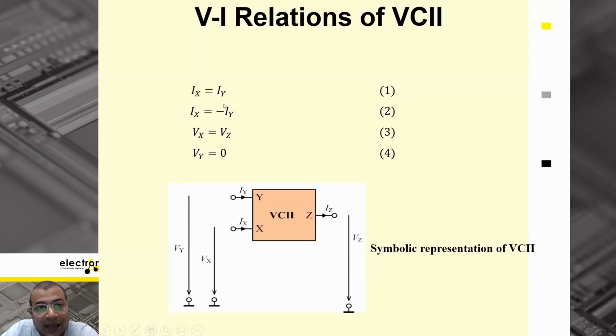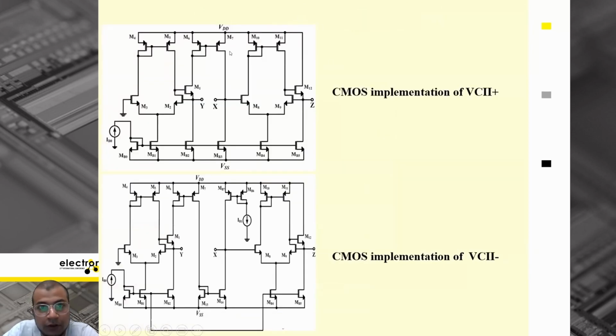Negative means that when the current at the X terminal is 180 degrees out of phase with the input current, the VC2 is called negative type. In our study, we have used both. The first shows the CMOS implementation of VC2 plus, and the second shows the implementation of the negative type.